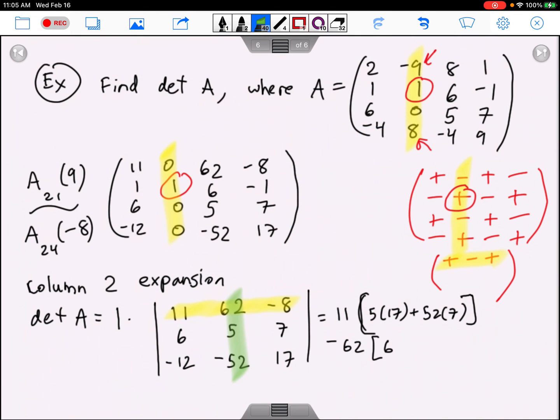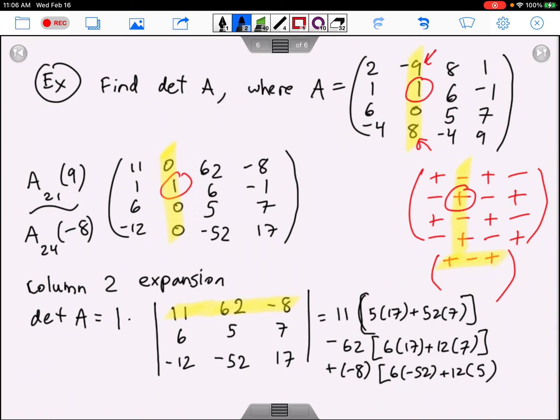Remember, we delete here. I'm on this step now, I'm deleting this guy and this guy. So it's going to be 6 times 17 plus 12 times 7. And then plus, the last one's a negative 8 though, so plus negative 8 times, after you delete, 6 times negative 52 plus 12 times 5.